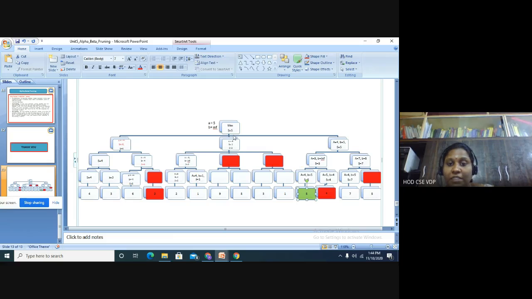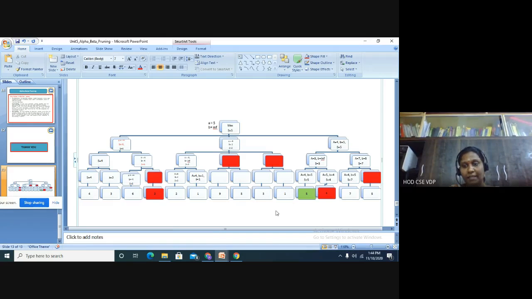So the optimal strategy that is being played is A plays this, B this, then the next player this, then this, and then comes to 5. So this is the optimal strategy being played, right? I think now you're somewhat clear.